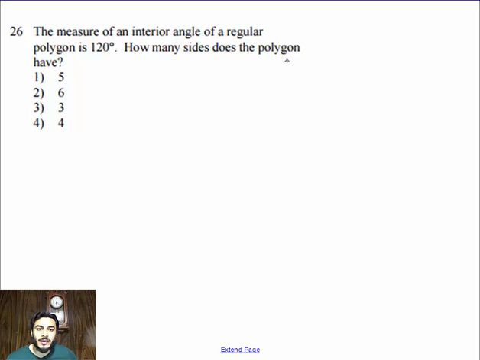All right, number 26 says, the measure of an interior angle of a regular polygon is 120 degrees. How many sides does the polygon have?